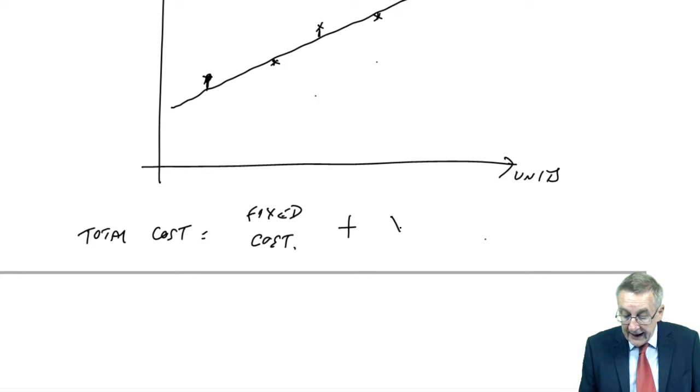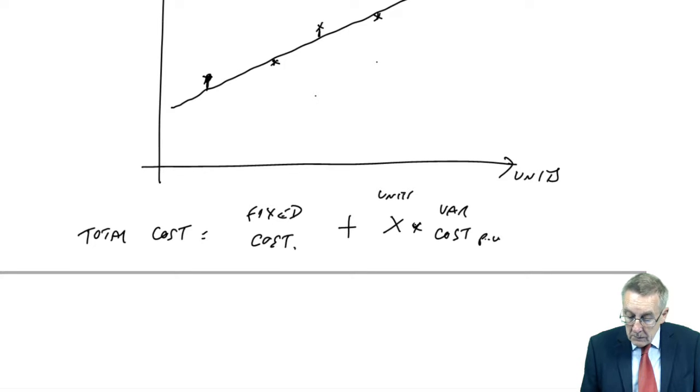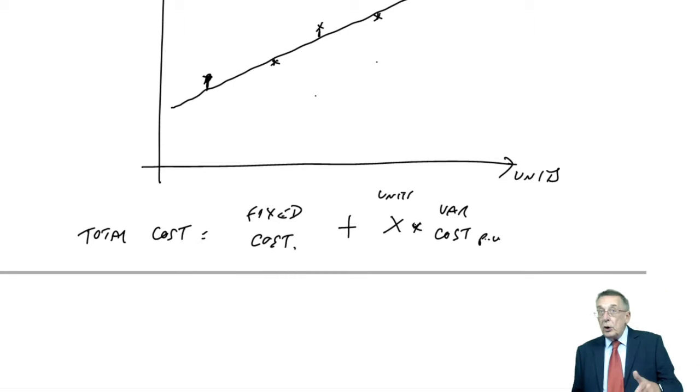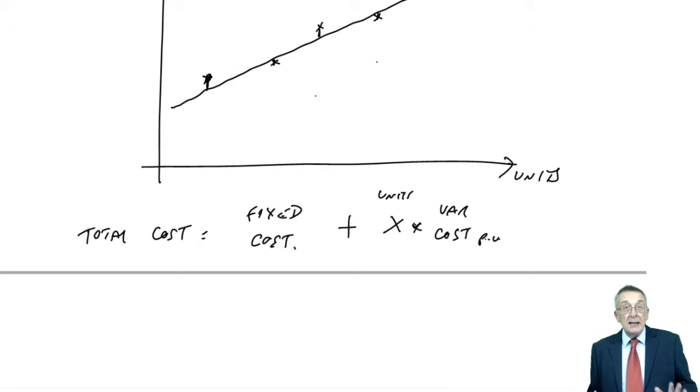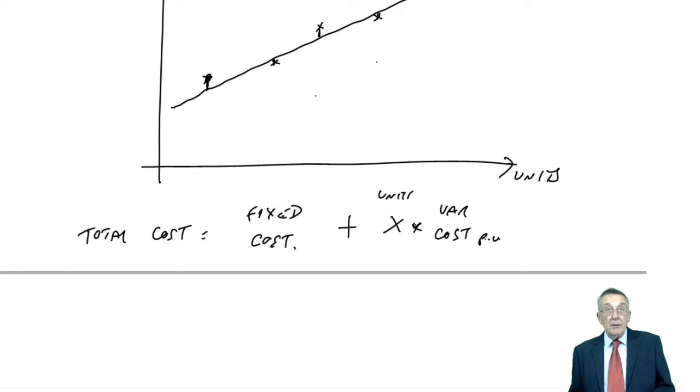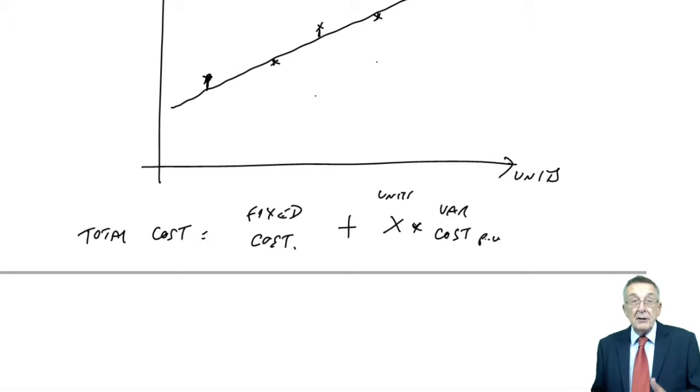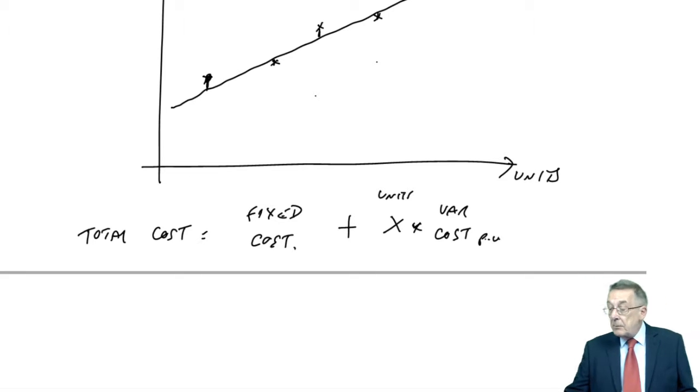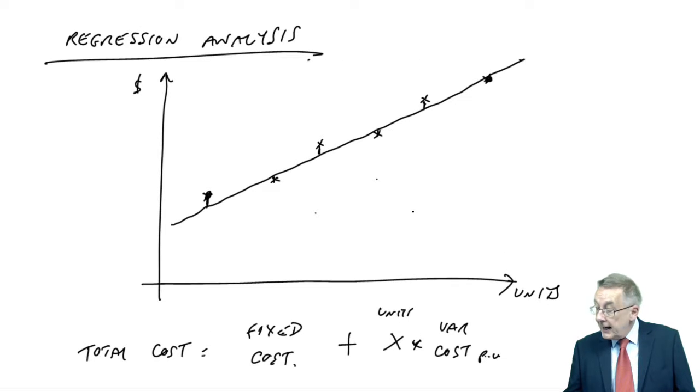So if x is the number of units, it's x times the variable cost per unit. Now, before we got the fixed cost and variable cost using the high-low method, with regression, we're still going to calculate the fixed cost and the variable cost per unit, but in a more efficient way.